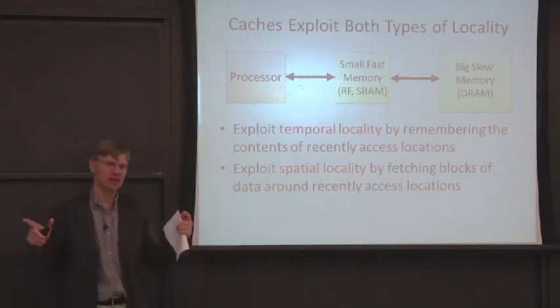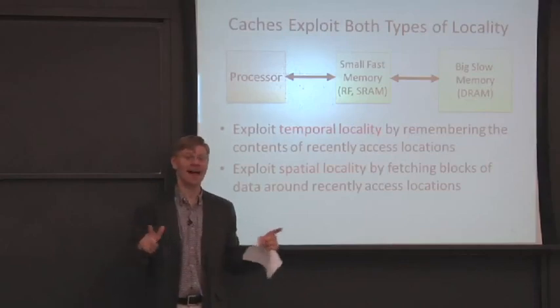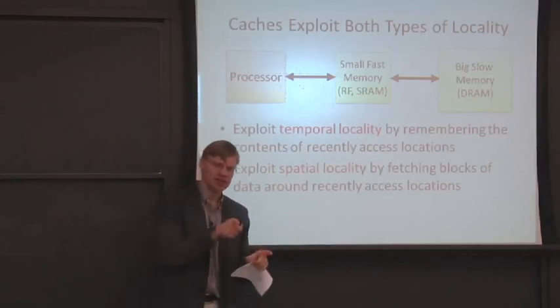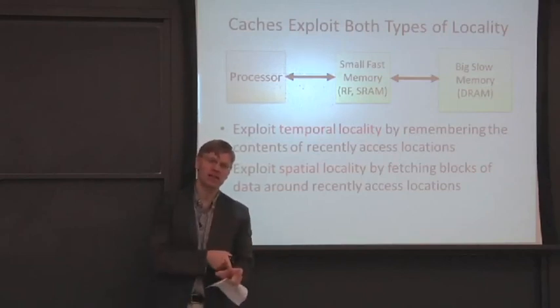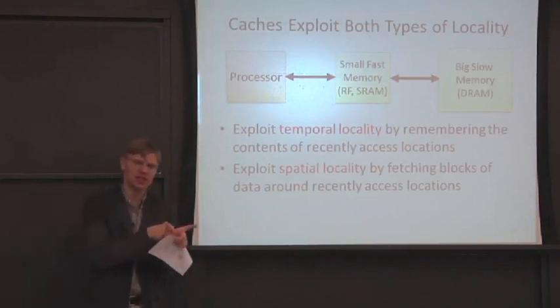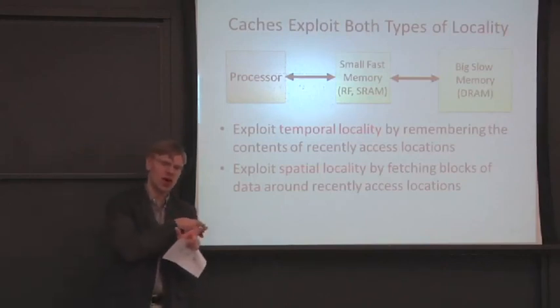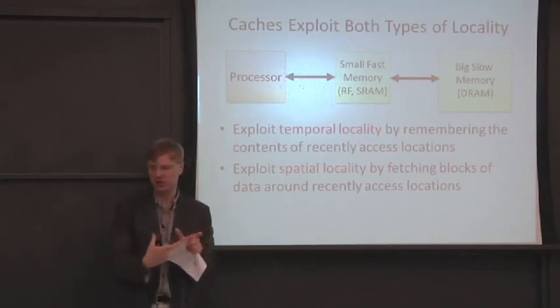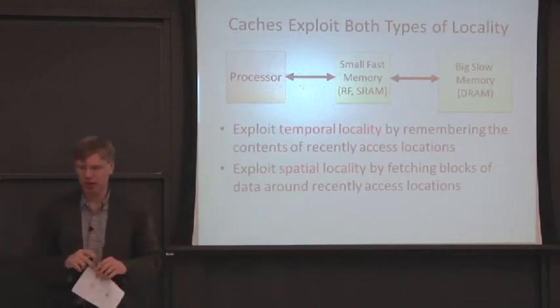And typically, those cache blocks or cache lines are aligned. When you go to access a piece of data, it might be somewhere at the beginning or at the end, or it might be in the middle. You pull in all the data around that. And the heuristic here is that if you access some piece of data, let's say you only go access the first byte in a cache line, you're likely to go access other bytes in a block, so multiple pieces of data around that. So we're able to exploit spatial locality here.